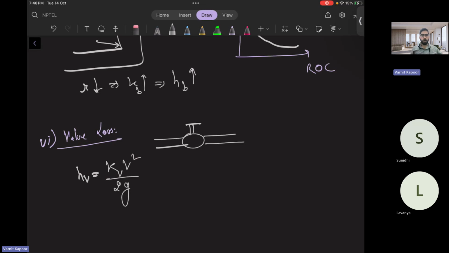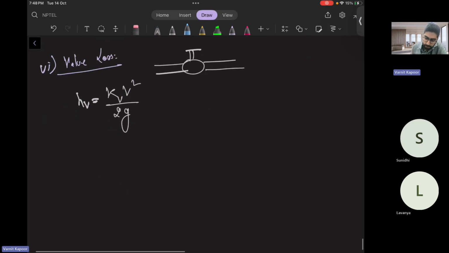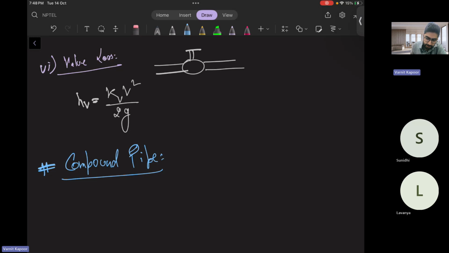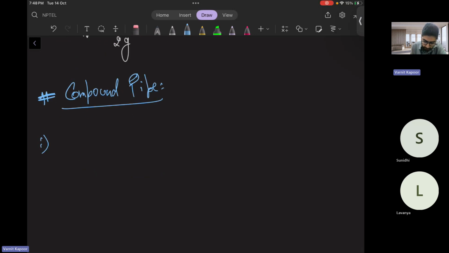Now let's come to compound pipe scenarios, where we have pipes in series and parallel. First is the series connection.